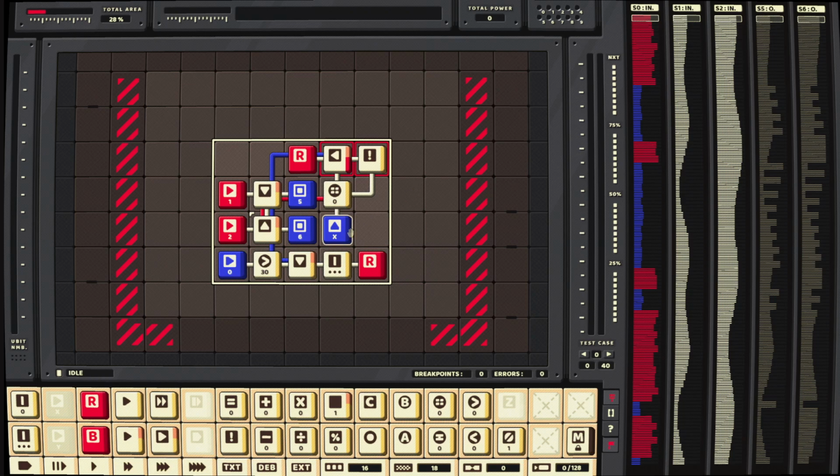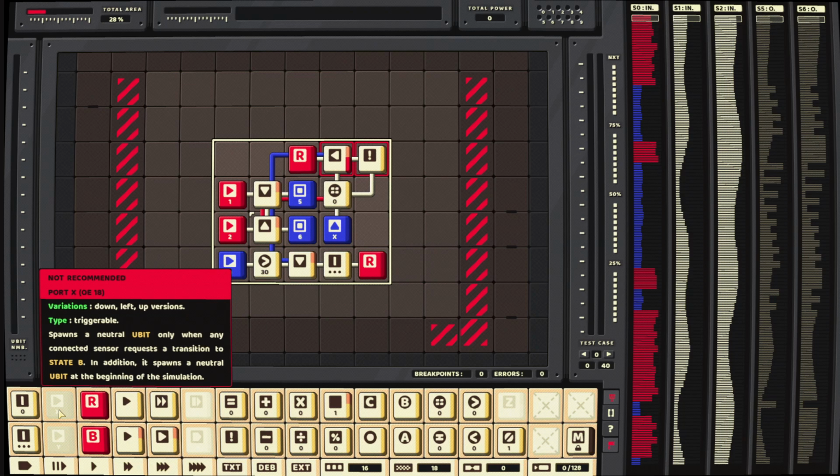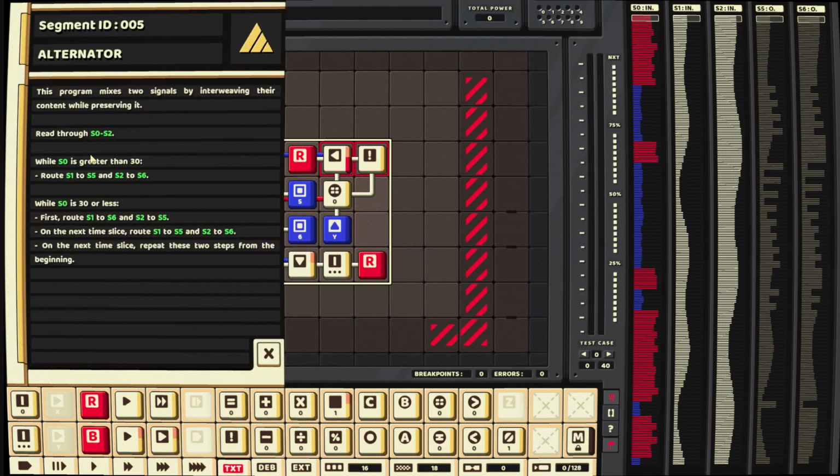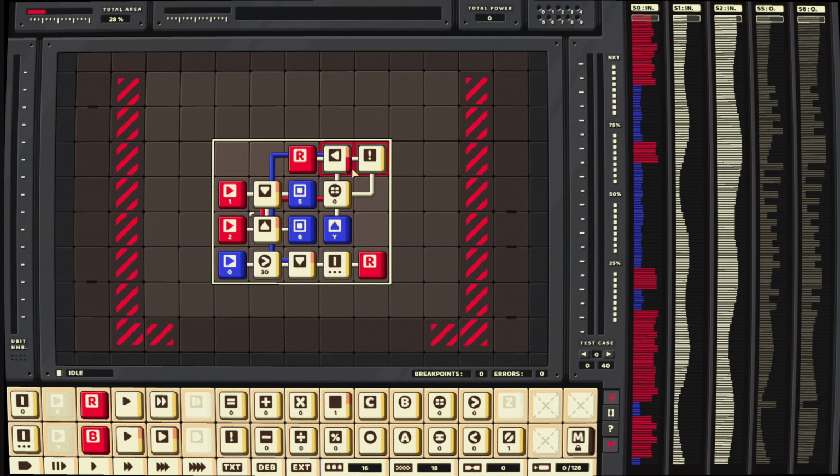So actually, how do I want a port Y, right? That only outputs something when asked. It doesn't spawn one initially. So if I get a number that's greater than 30, not greater than or equal, yeah, if it's greater than 30, I flush out any bit that's hanging out here, and just ask for a new bit.